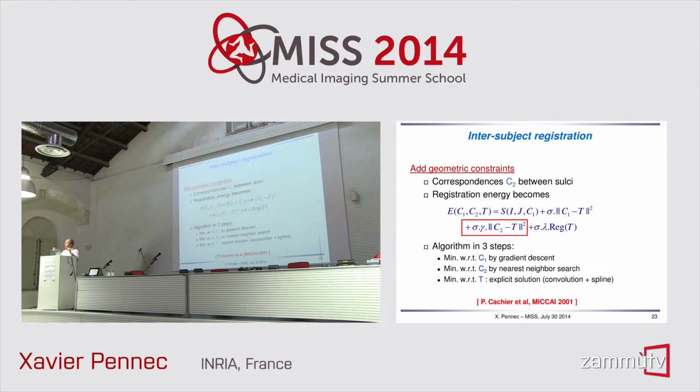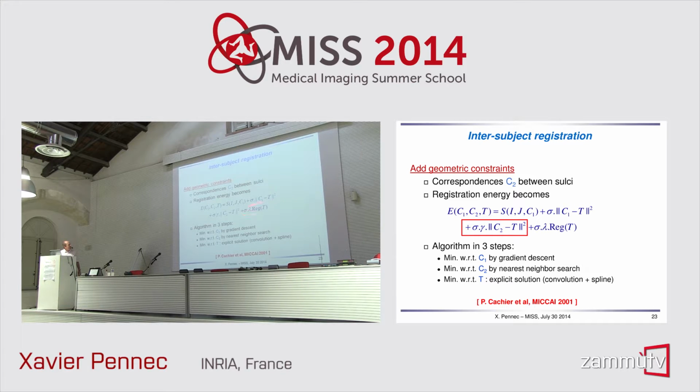Or if you had points, you can have a second correspondence field with correspondences between points. And now the new criterion is the same as before. This is the similarity with the correspondences between images. We want to have the image correspondences which are close to the transformation. And we want to have also the feature correspondences which are close to the transformation.